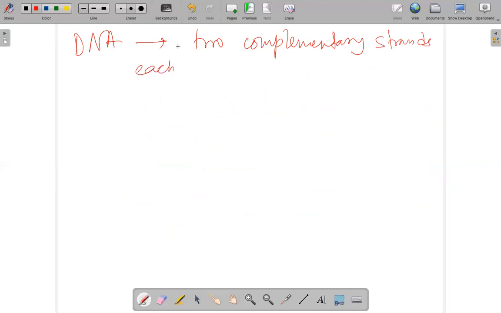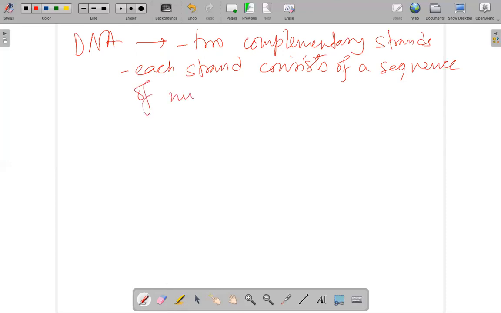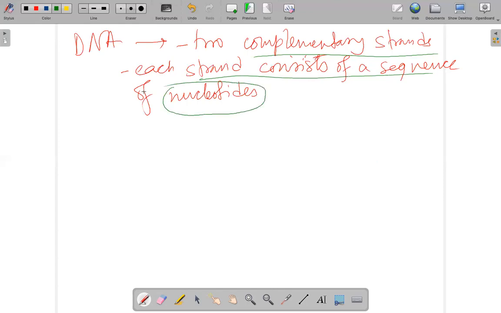And each strand consists of a sequence of nucleotides. Now, what are nucleotides?